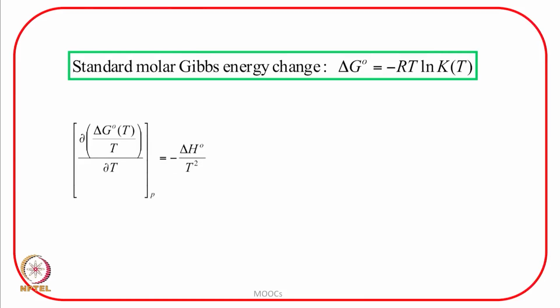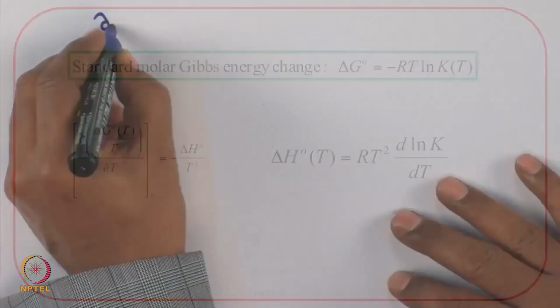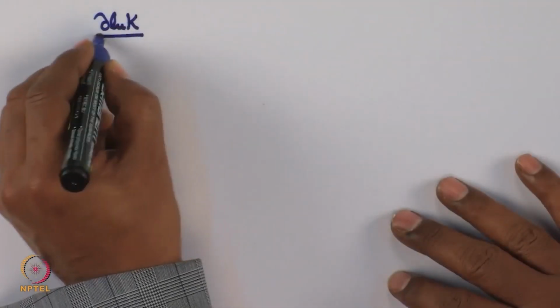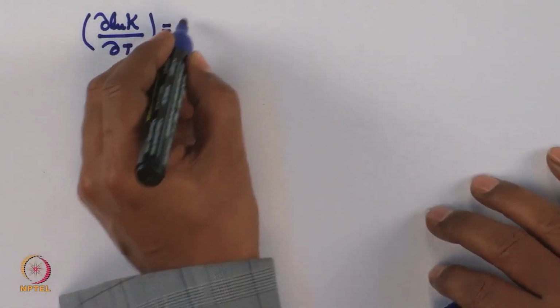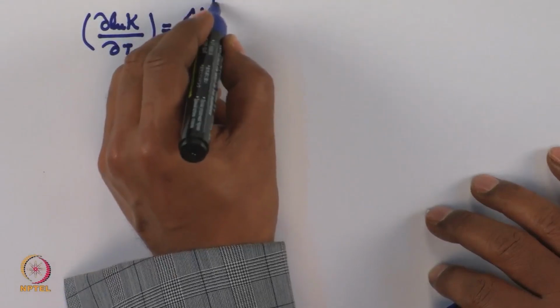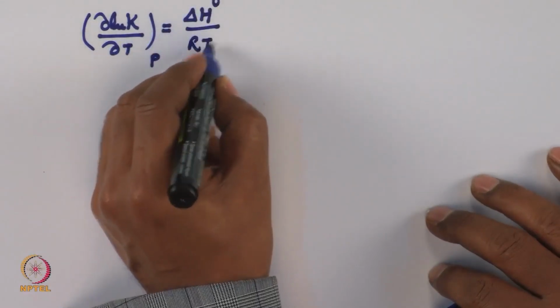And then let us look at this equation, the Van 't Hoff equation. We have discussed it many times. Let me show it over here. According to the Van 't Hoff equation, d log K by dT at constant pressure is equal to delta H naught by RT square.